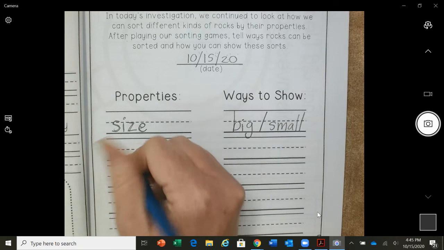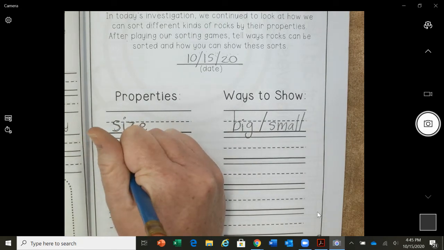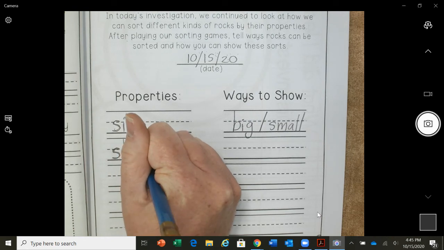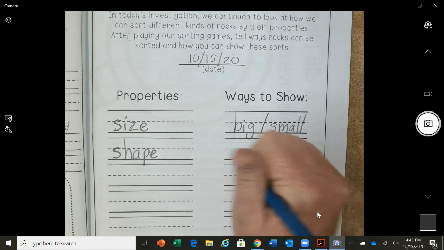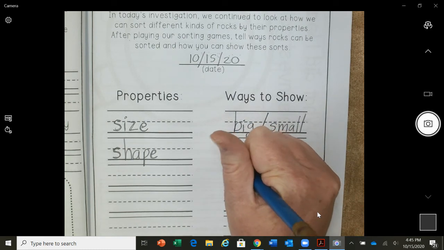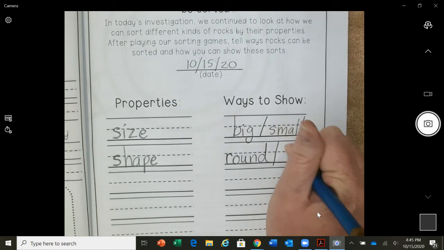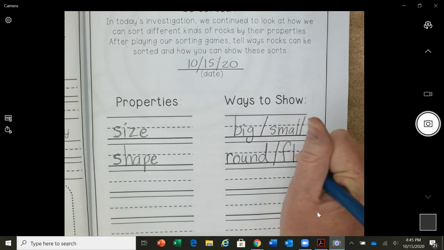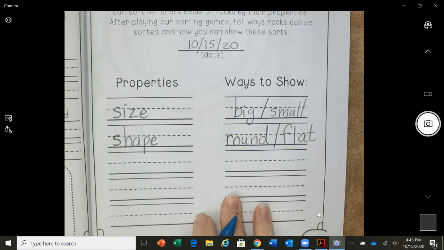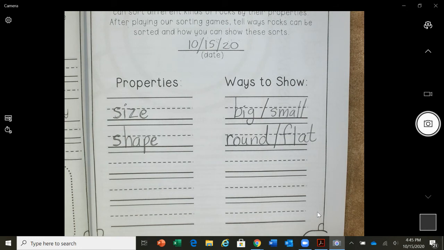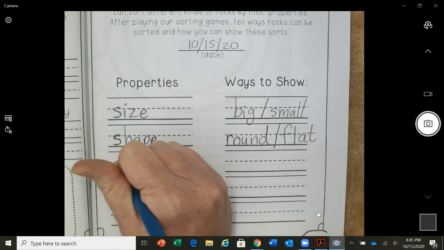The next property that we talked about was shape. So the shape of a rock. And we sorted it by round or flat. The next way that we sorted our rocks was by color.